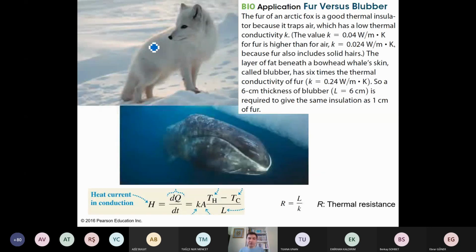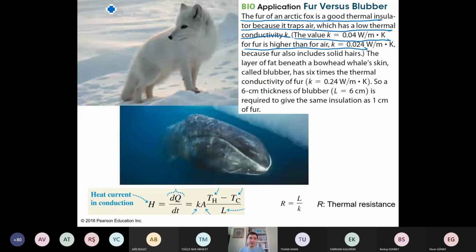This is the fur of a fox, and this is the bowhead whale, okay? The fur of an Arctic fox is a good thermal insulator because it traps air, which has a low thermal conductivity K.